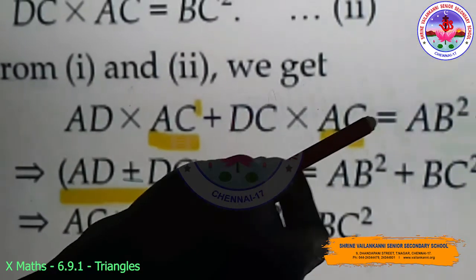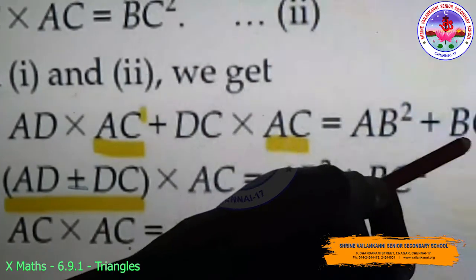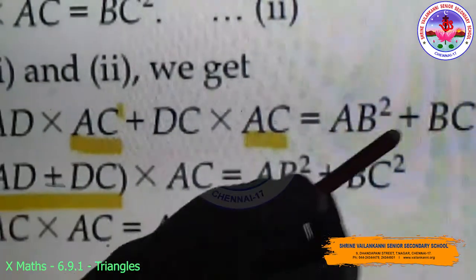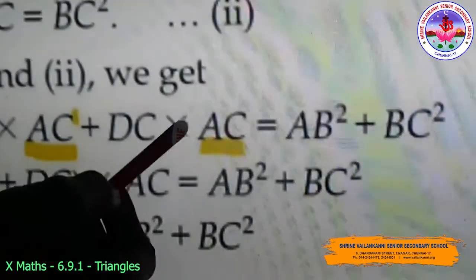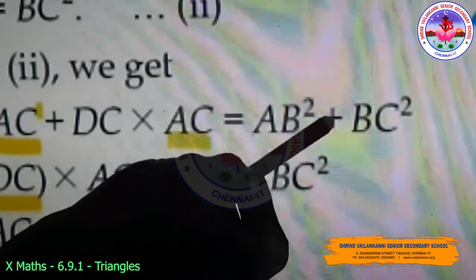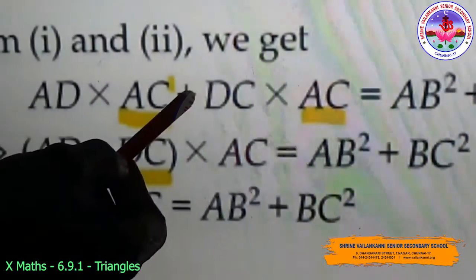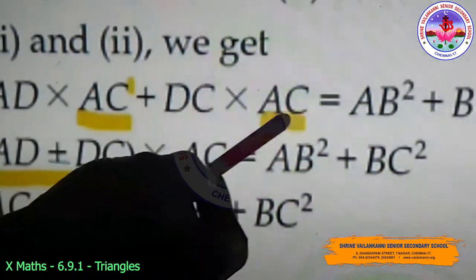Now adding equation 1 and equation 2, where AB square is equal to AD into AC, BC square is equal to DC into AC. So I am adding AB square plus BC square is equal to AD into AC plus DC into AC.